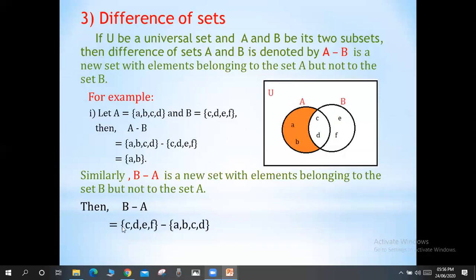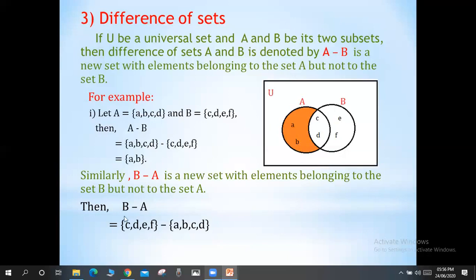In B minus A, you list first the elements of B, then the elements of A. In A minus B, you listed first the elements of A, then the elements of B.